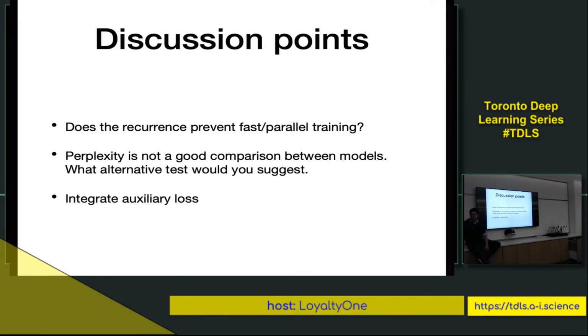Another question: with their segment level recurrence, they mention that they cache the sequence of hidden states. Is it possible to get the same outcome with GRU or LSTM and cache the hidden states?